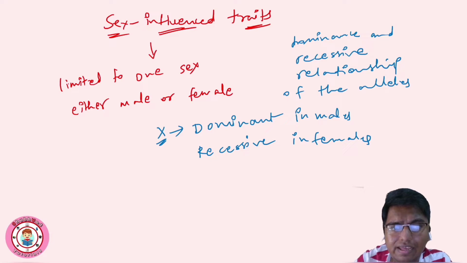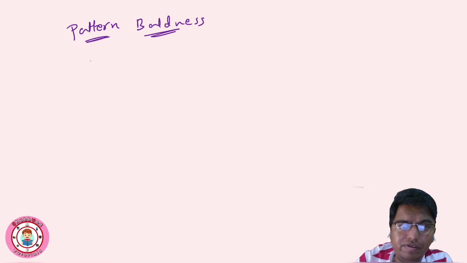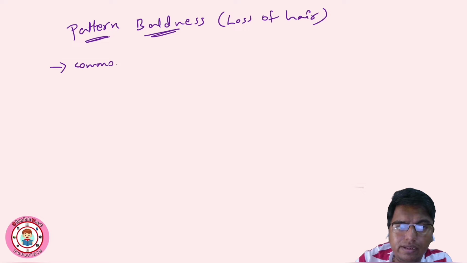Now we will see it with an example. One example is pattern baldness. Pattern baldness is an example of a sex-influenced trait. Pattern baldness is basically loss of hair, and this is common in males.